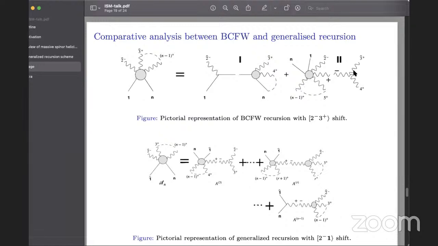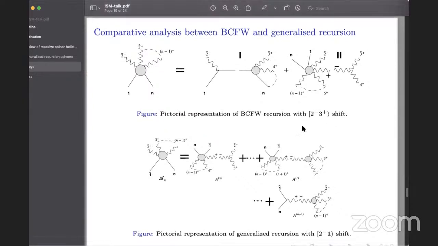But this second diagram, in this context, always involves an amplitude with the configuration which we intended to compute. This sub amplitude involves a gluon with negative helicity itself, and all the other particles are positive helicity. But this is the exact configuration that we are trying to compute.